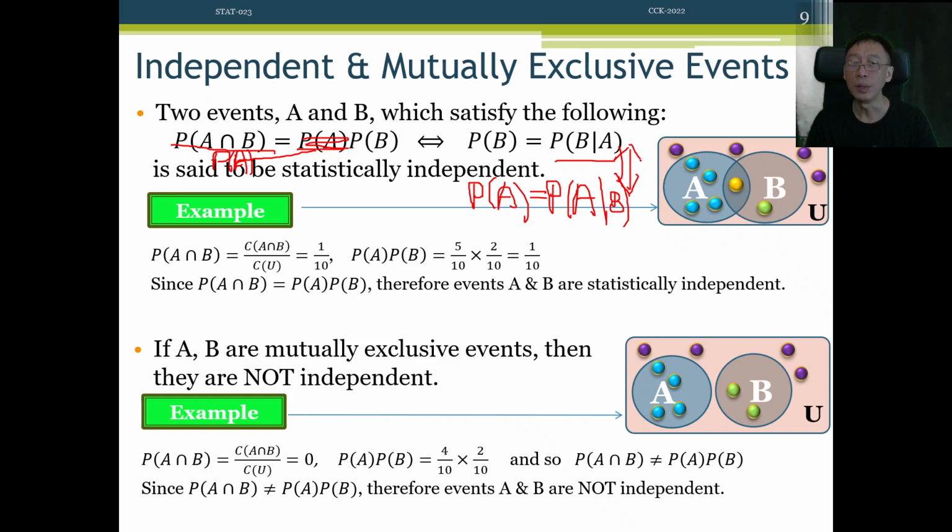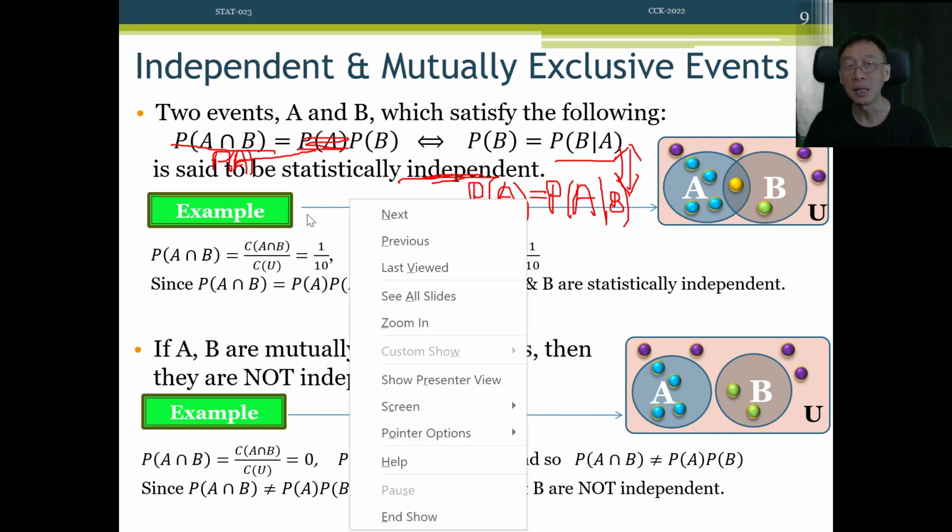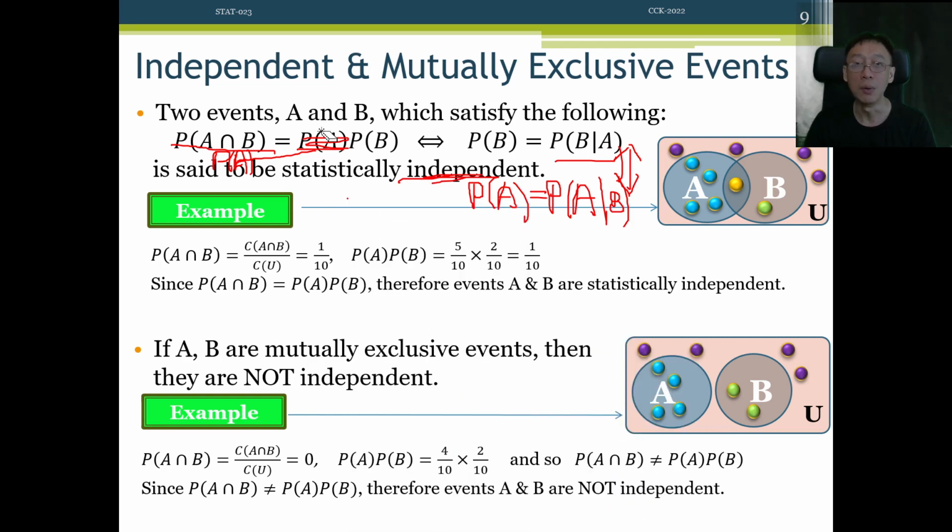The moment the exercise question, homework question, or exam question tells you that A and B are independent, in other words, the moment we get this to be true, the question declares to you that A and B are known to be independent.